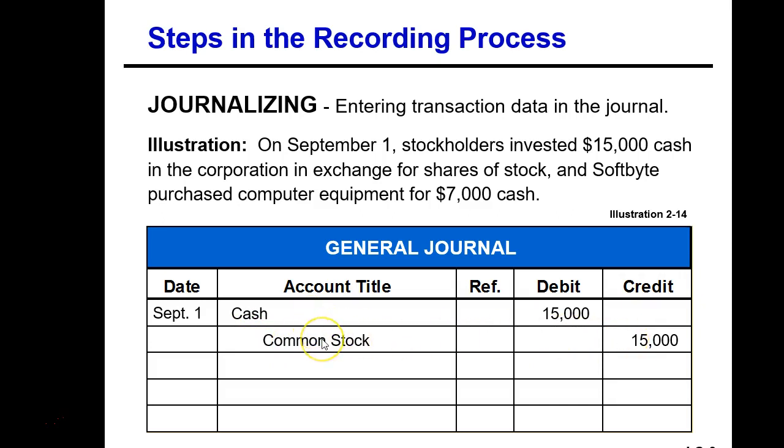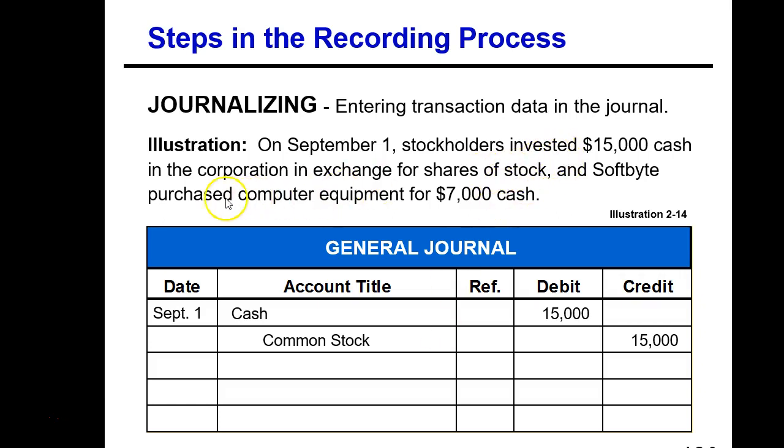So whatever account you're going to credit, you first indent, then write the account title and record the amount in the credit column. Every transaction must do what? It must balance, and it does. The total of the debit side equals the total of the credit side. You've now recorded your first business transaction.